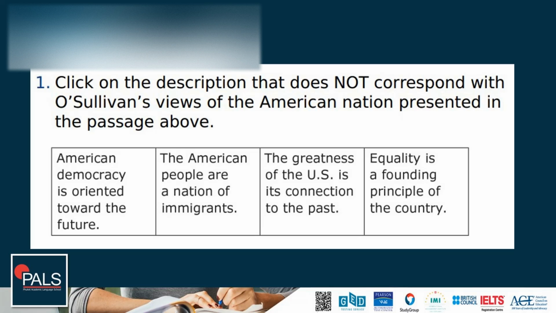So the greatness of the U.S. is its connection to the past is not corresponding to O'Sullivan's views. So we can use this process of elimination to find the correct answer. But remember, we have about a minute and a half, a minute and 45 seconds per question, including the reading or looking at the information on maps, graphs, charts. So we need to be able to do this fast.